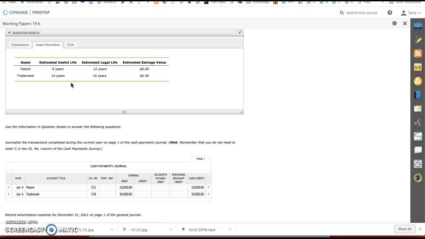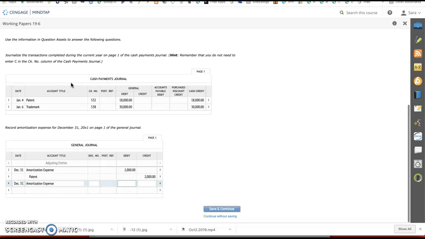And we are going to get $2,142.86. Second line, our account will be trademark. And then same thing for the credit, $2,142.86.